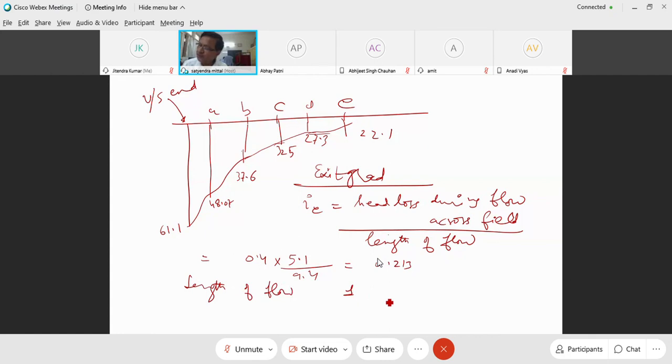So IE will be equal to 0.213 upon 1. So it is 0.213. And factor of safety against boiling shall be 1 upon IE. So 1 upon 0.213 comes to 4.69. So this completes this numerical.